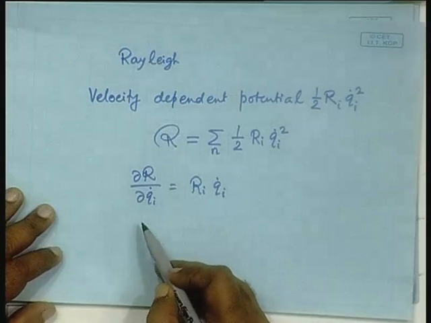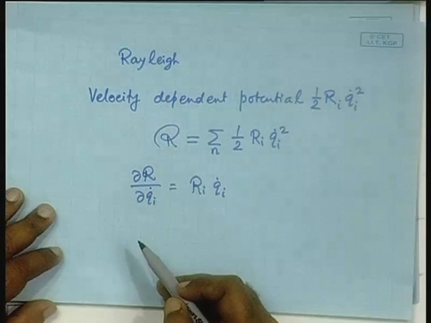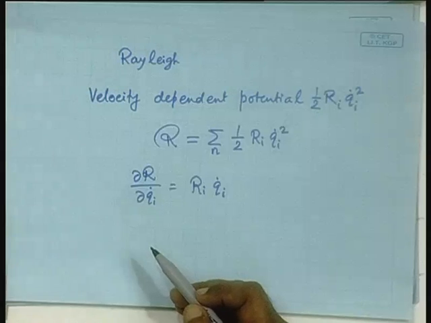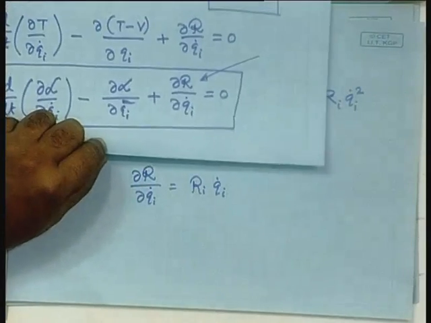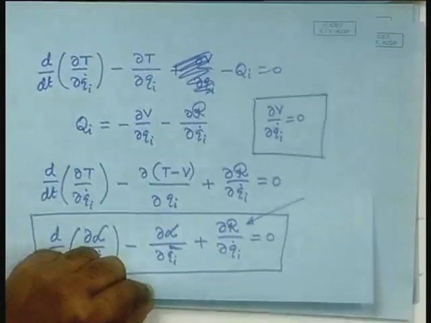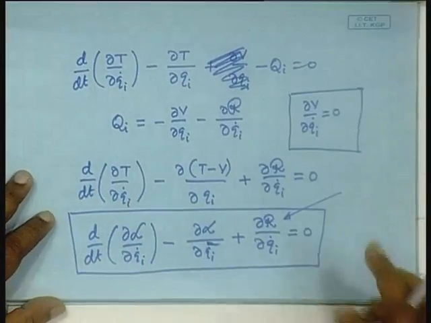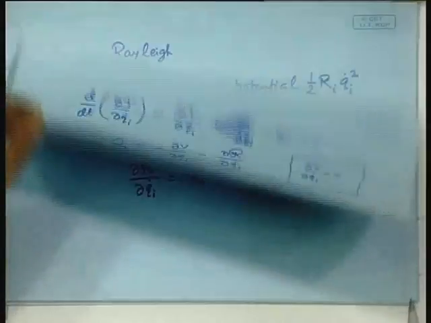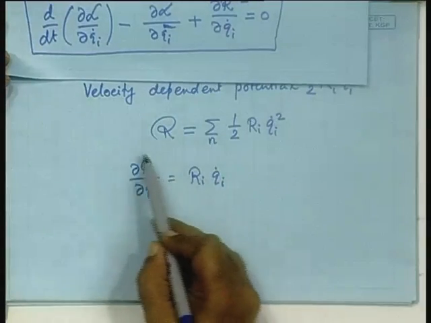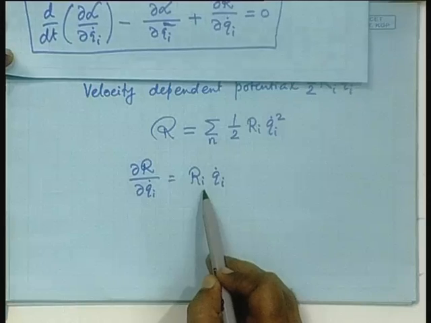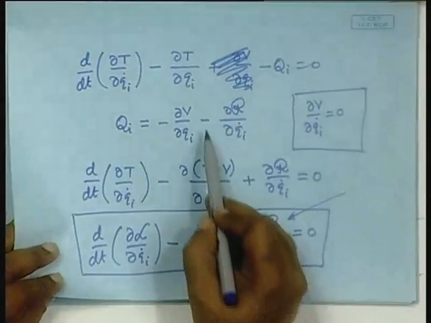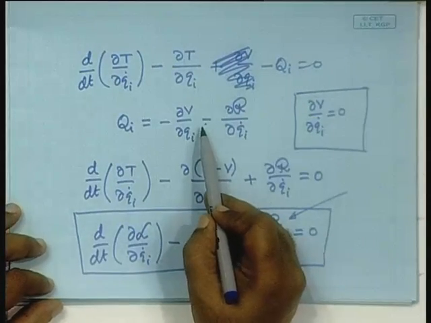So when we write Q_i, won't it be minus dV/dq_i plus dR/dq_i dot? His question, let me repeat for the sake of the microphone, was that since if you differentiate it you get this, therefore, should it not be plus? Is that the question?